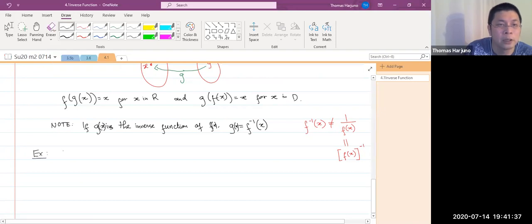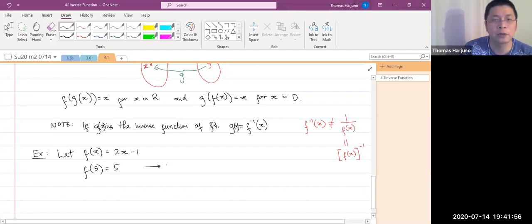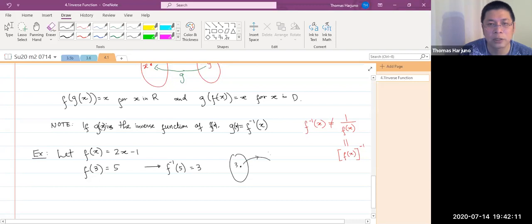For example, let f(x) equal 2x minus 1. Now we know that f(3), for example, is equal to 5. So the inverse function will send 5 back to 3. You can imagine there is 3 here, and the function sends the 3 to 5.